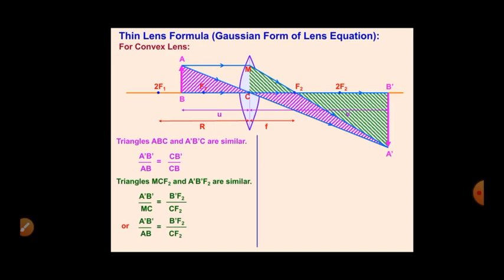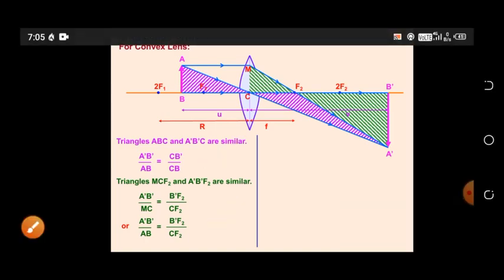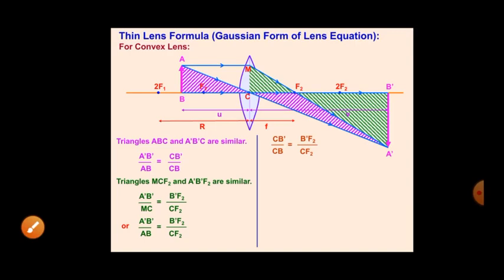Now we will see these two equations are the same, so it means we can compare these two equations here. If you compare them, then you will get CB dash upon CB is equal to B dash F2 upon CF2. Also you can write B dash F2 as CB dash minus CF2. Now we have all the values. CB dash is what? That is the image distance.